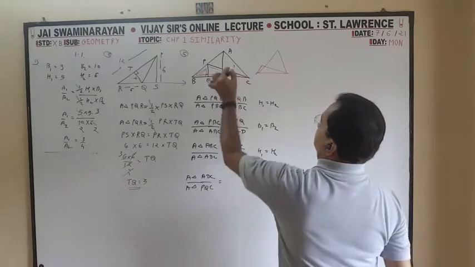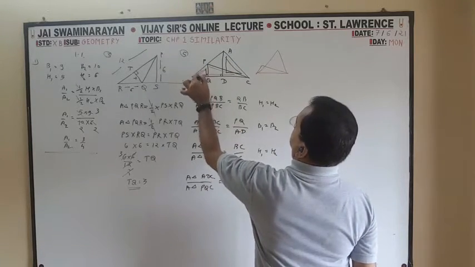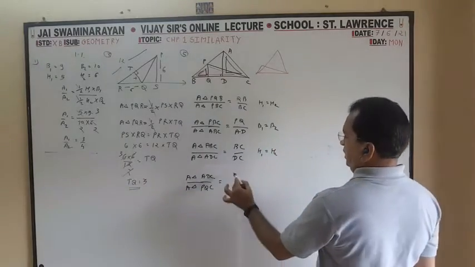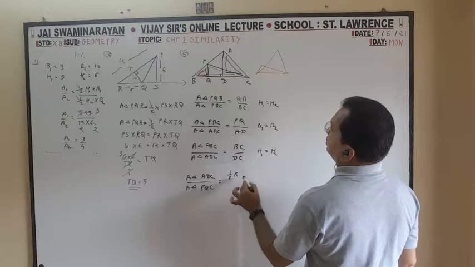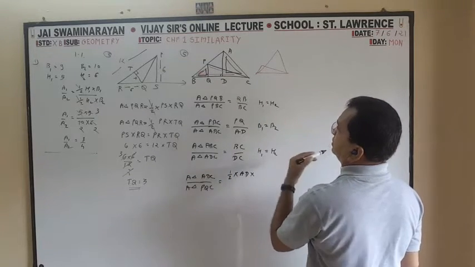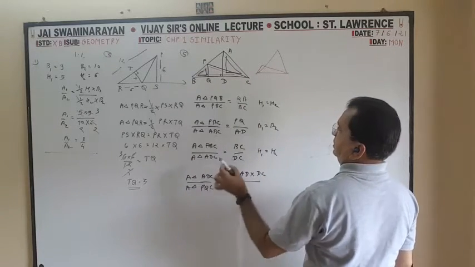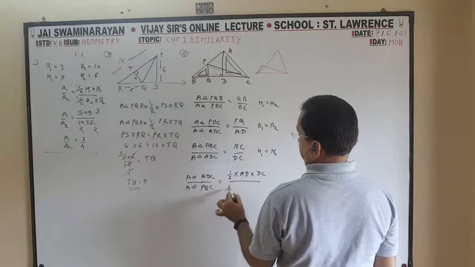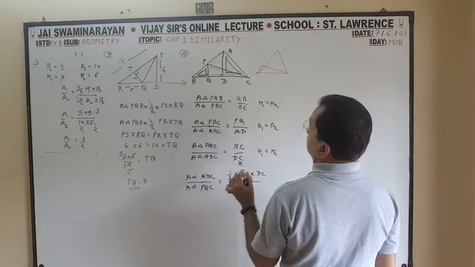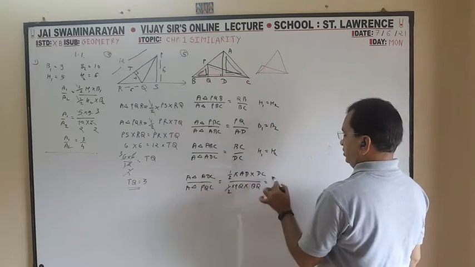Now ADC and PQC. Nothing is equal, nothing is common. So I write half into height for this, that is AD, height for this triangle. Now I write half height for the other, this cancels.